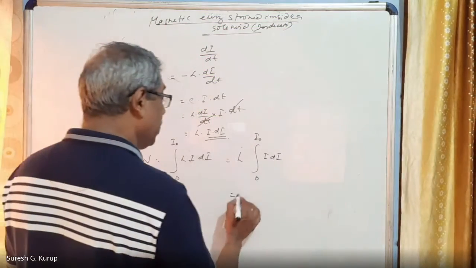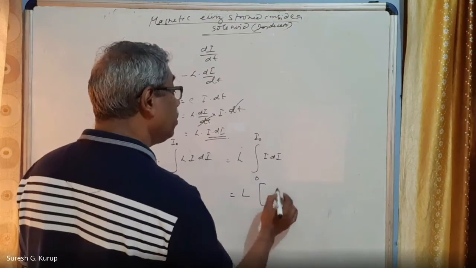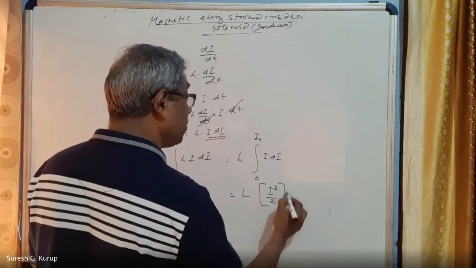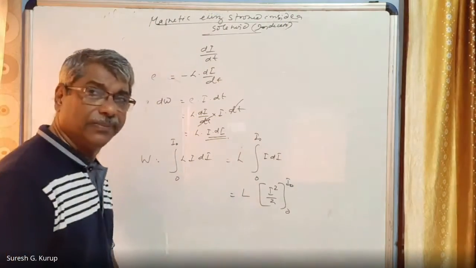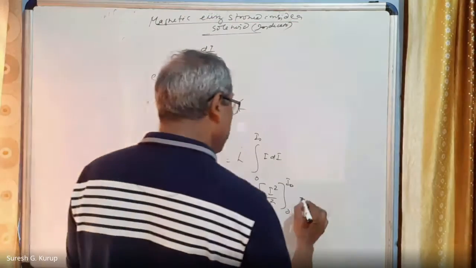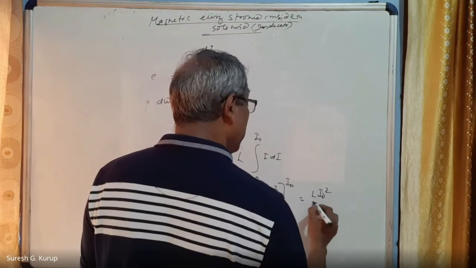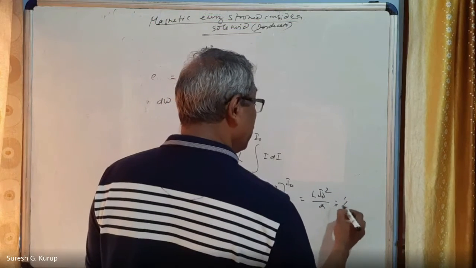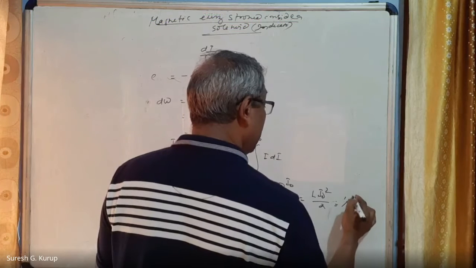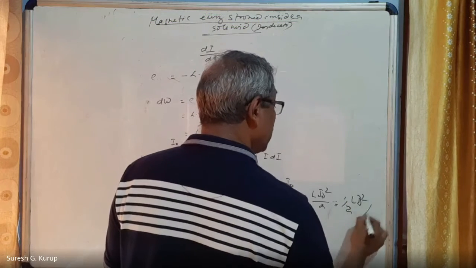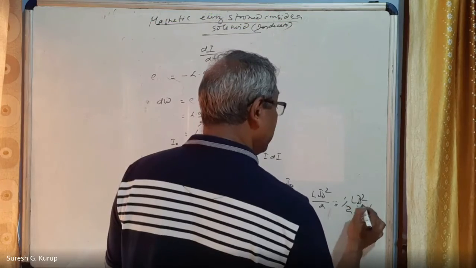This is equal to L into I square divided by 2 within limits of 0 to I0. This is finally coming as L I0 square divided by 2, that's equal to half L I0 square.